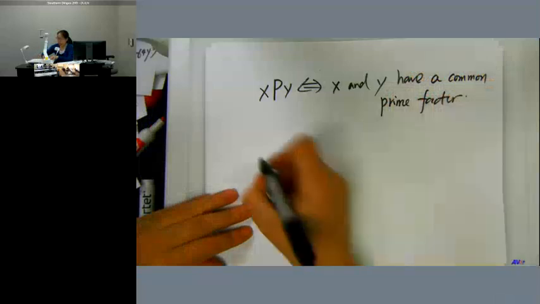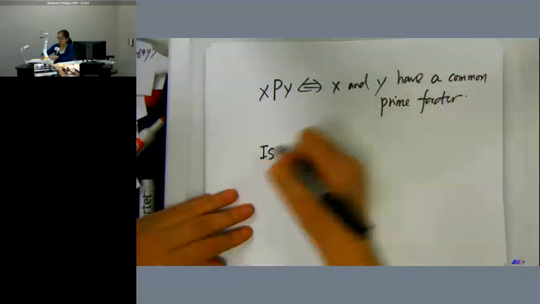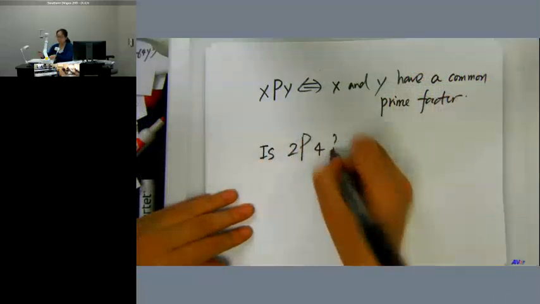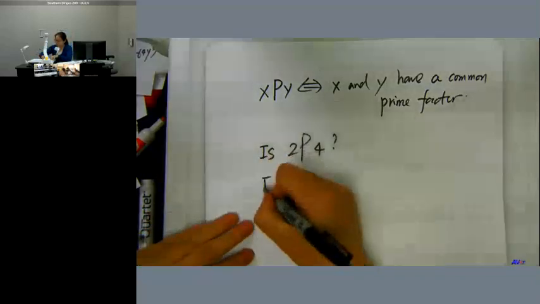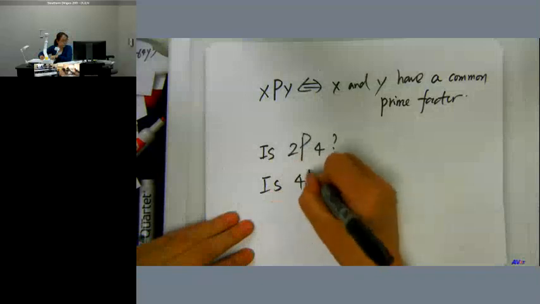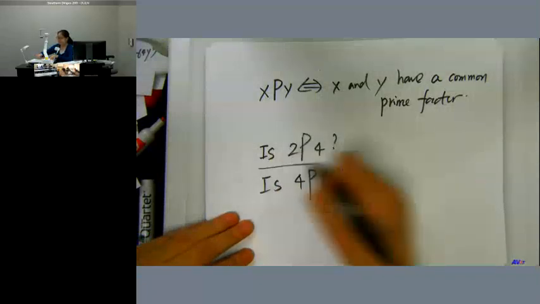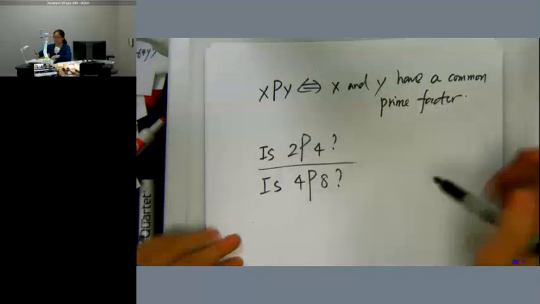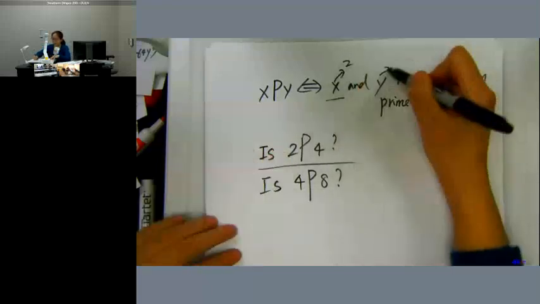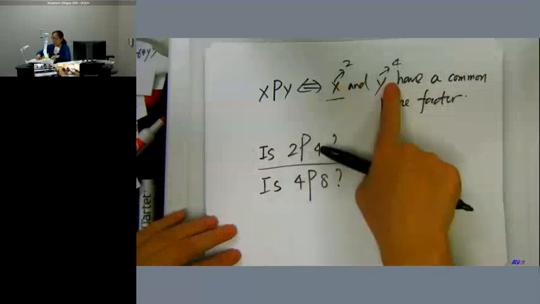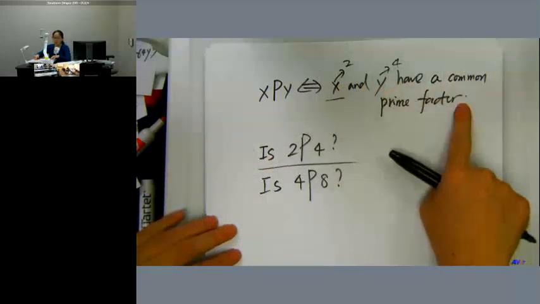So if I ask you, is 2 related to 4? By checking this relation, X is 2, Y is 4. Do 2 and 4 have a common prime factor?